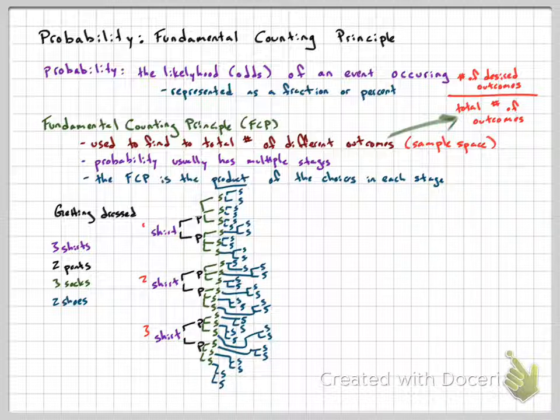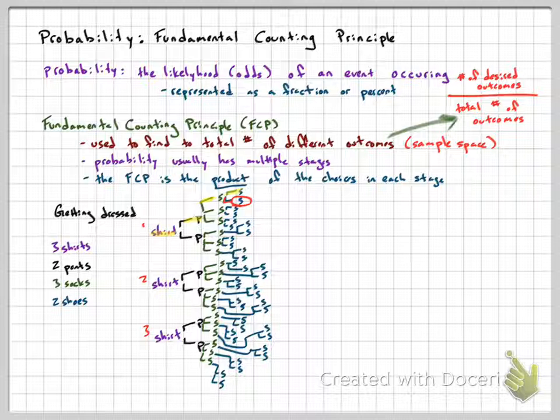Notice that was a lot of different options. So let's just follow the top row. I pick this shirt, this pair of pants, this sock, and this shoe. Everything I highlighted in yellow, that's one outfit. Now I can pick the same shirt, the same pants, the same socks, but if I pick a different pair of shoes, that is a different outfit.